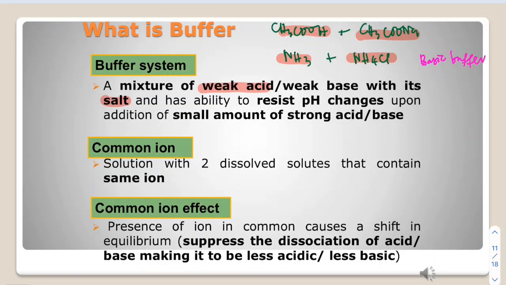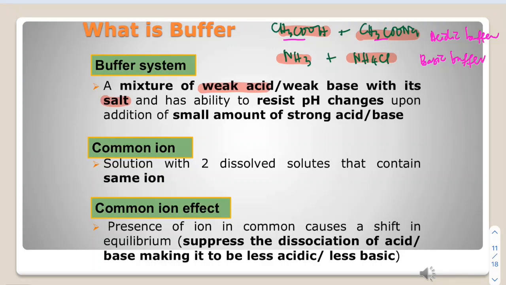But when we have a mixture of a weak acid and its salt, we say that we have an acidic buffer. And this buffer system, either acidic or basic, has the ability to resist pH changes upon the addition of a small amount of strong acid and strong base.